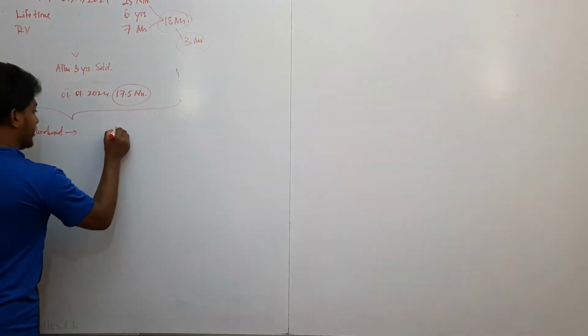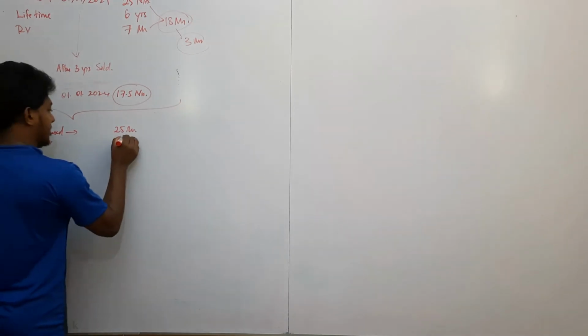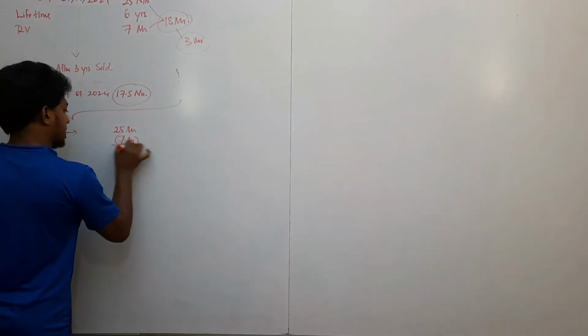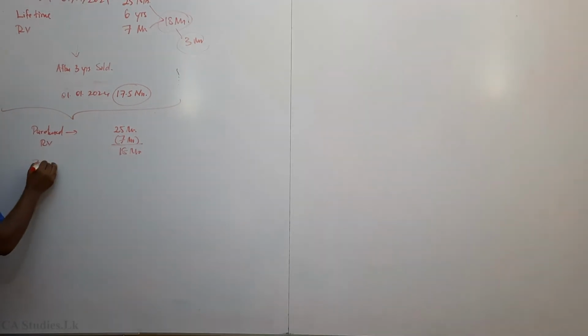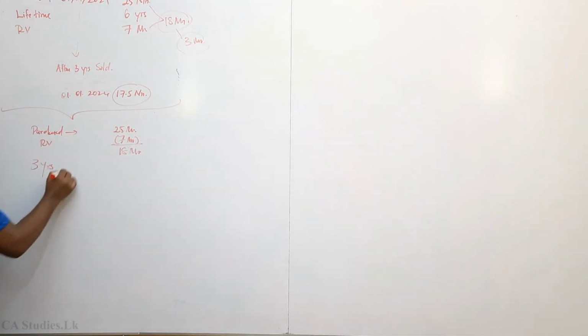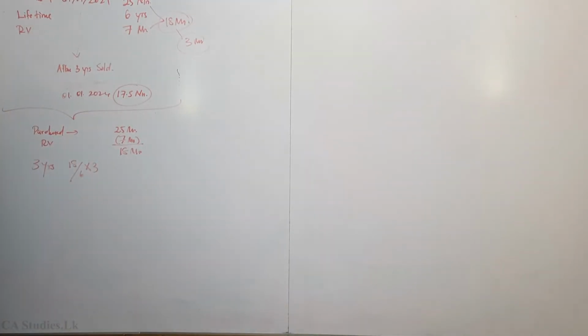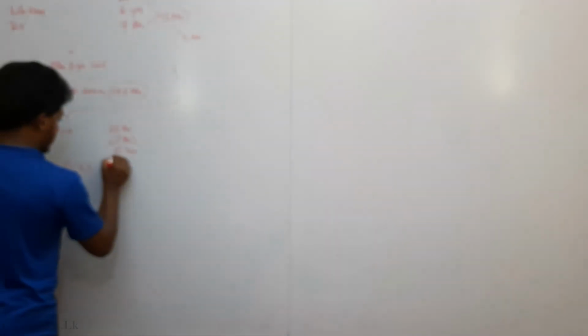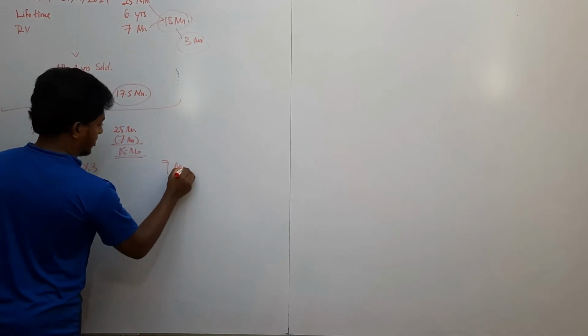Purchase cost is 25 million, residual value is 7 million, depreciable value is 18 million. 3 years depreciation is 18 million divided by 6 years times 3, which is 9 million.